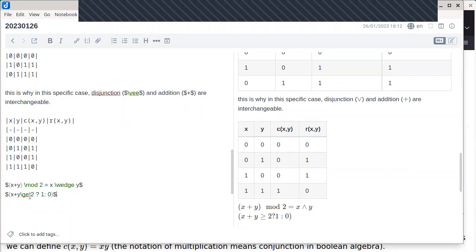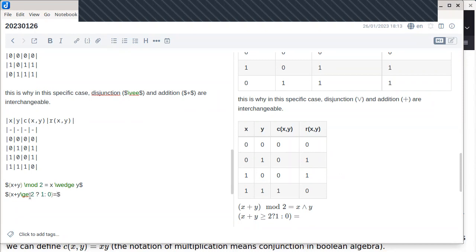It's basically saying if x plus y is greater than or equal to 2, it returns a 1. Otherwise, it returns a 0. If you want to, you can use the floor function to do this too. So you can use a floor function applied to x plus y divided by 2. That will give you exactly the same result. But this is what I've been using in my definition of the R function, so I'm going to stick with this one. As it turns out, this is known also as exclusive OR.